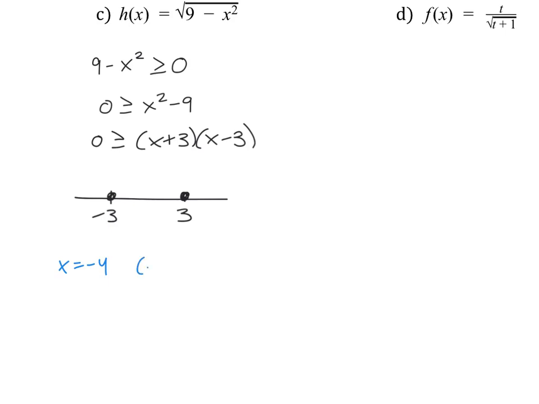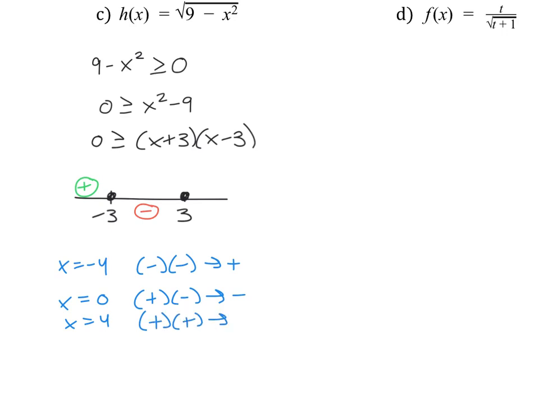That would give me a negative times a negative, which is a positive. Let's test x equals 0. That would give me a positive times a negative, which yields a negative. And let's also test x equals positive 4. So we have a positive times a positive, which is a positive.